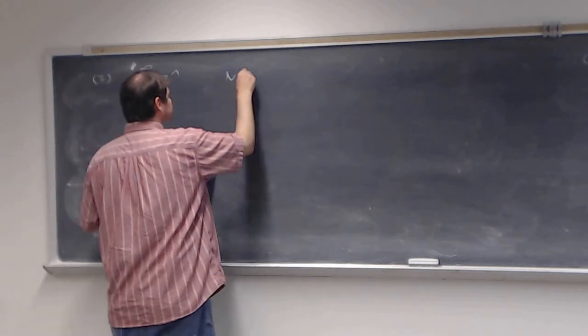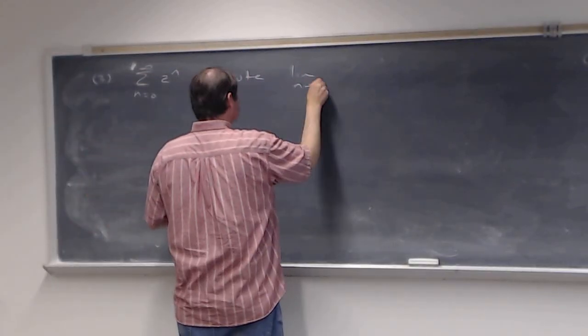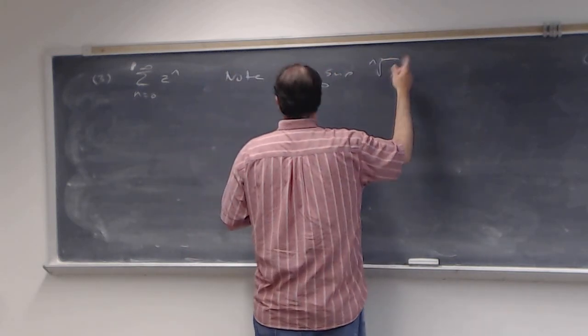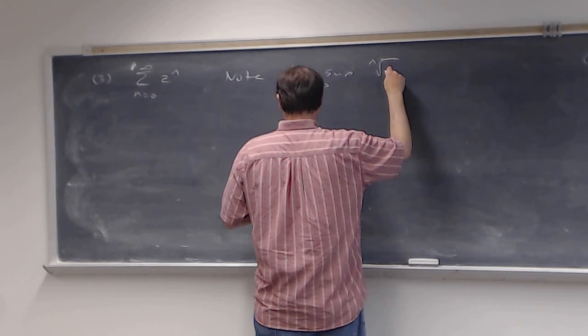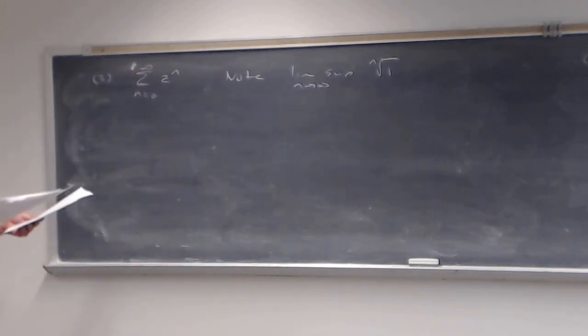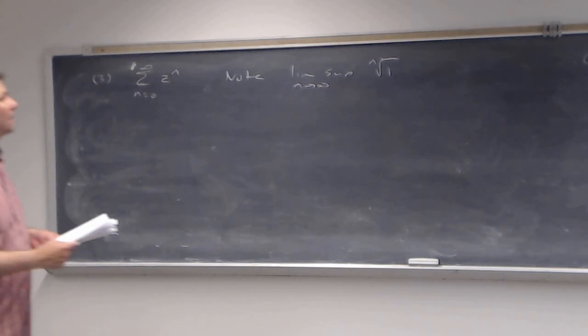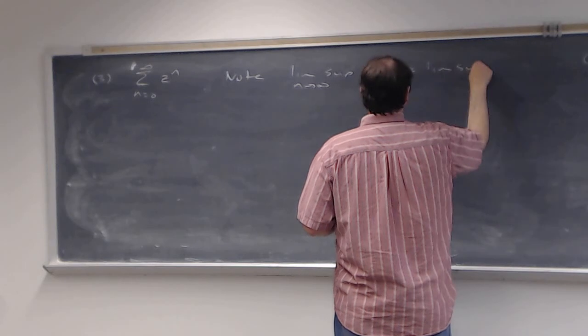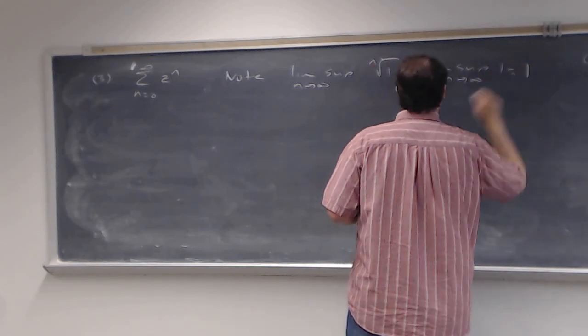And here we note that the limsup as n goes to infinity, I'm using the root test here, of the nth root, or the previous theorem, of the c sub n's, which here is 1, is going to be equal to the limsup as n goes to infinity of just 1, equal to 1.